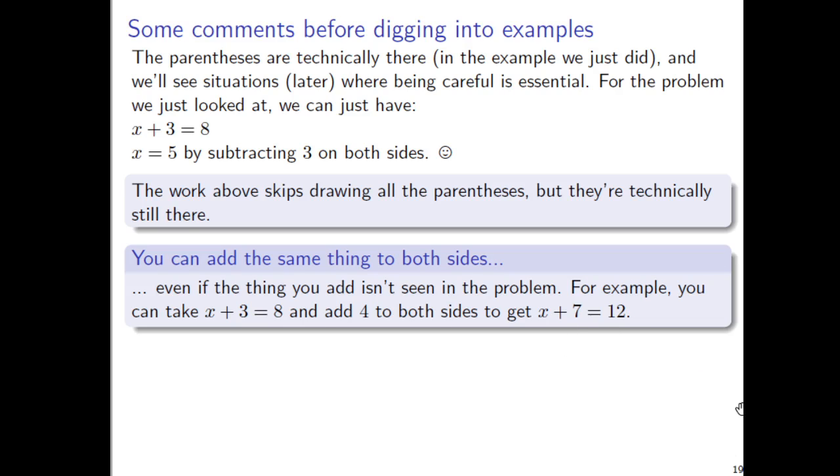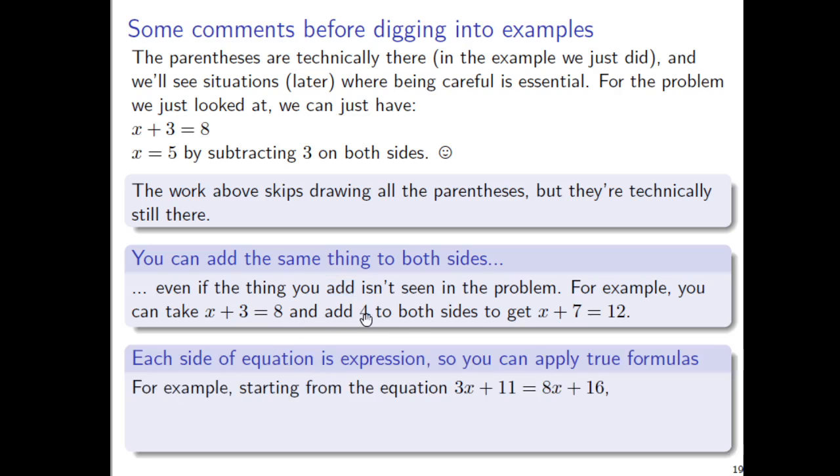We won't see this for now, but it's worth mentioning that when earlier I said you can add the same thing to both sides, I really mean it. That rule applies even if the thing that you're adding to both sides doesn't already originally appear in the equation.